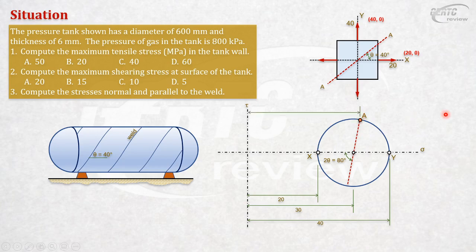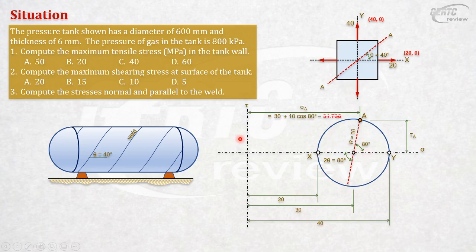So ito yung ating sigma A. So how much is that? Okay, so we have here the radius. The radius is 10, di ba? And this angle here is 80 degrees. So your sigma A will be 30 up to here plus r cosine of 80 degrees. Di ba? Ito naman yung ating tau. So sigma A is 30 plus r, 10 cosine 80 degrees.